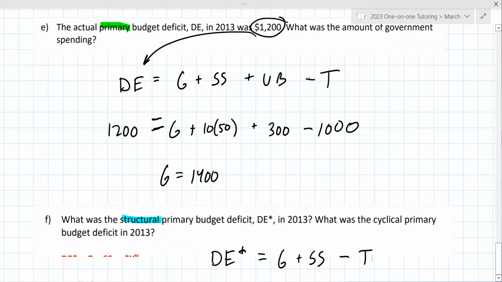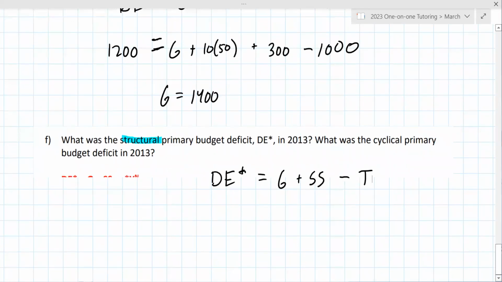Okay, yeah, that makes sense. So you're reusing G from the previous line, and you're reusing the SS from the previous part of the problem, but the T now is different.